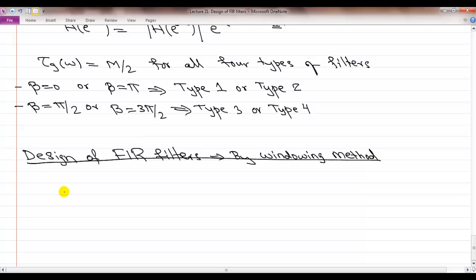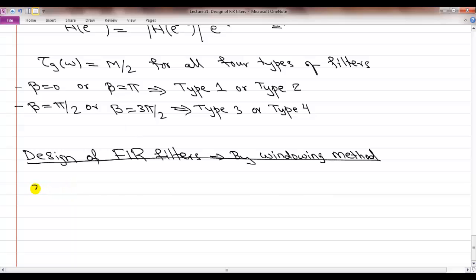Okay, so let's remind ourselves where the design of FIR filters comes into play. Based upon the application and the continuous time system that you are working with, you will end up with an ideal filter that you want.